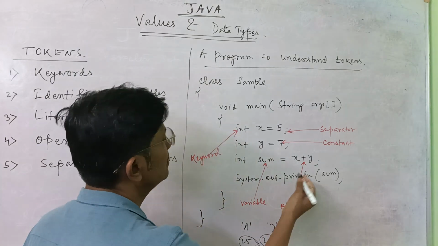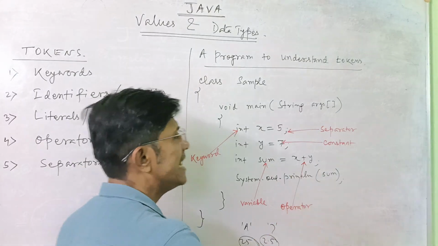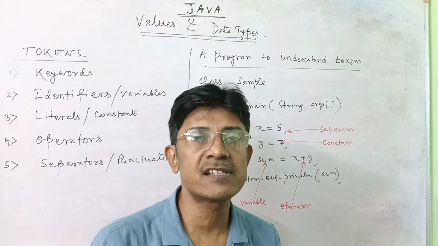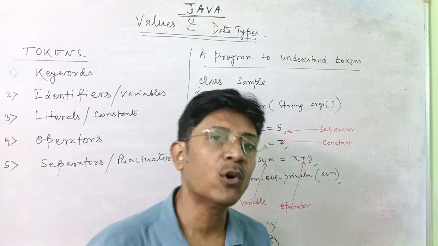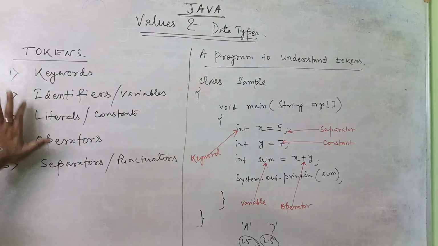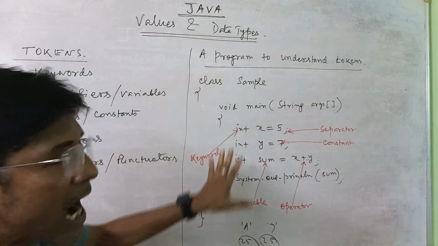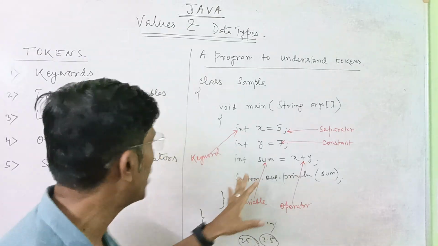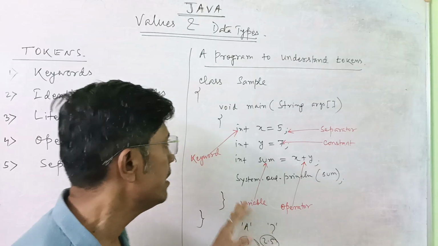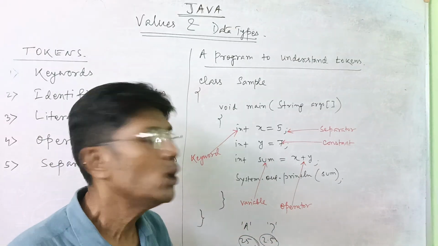Next, operators. It can be arithmetic operators, relational operators, all these operators are there. Plus, minus, multiply, divide, all these are called operators. So these are the tokens in this program. After seeing this, you can understand clearly what is called a token.